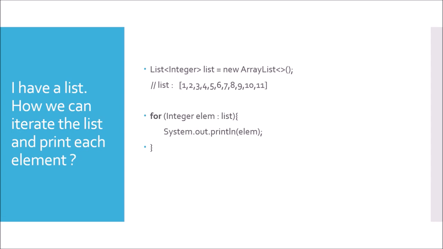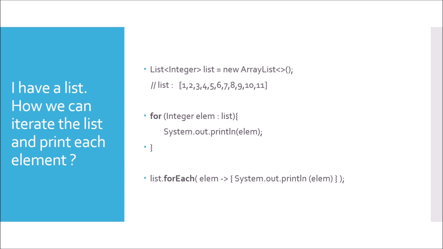This is right to iterate the list and print each element, but this is not what an interviewer is looking for when you say you already know Java 8. So it's better to write list.forEach with a lambda expression, System.out.println, and print the element.